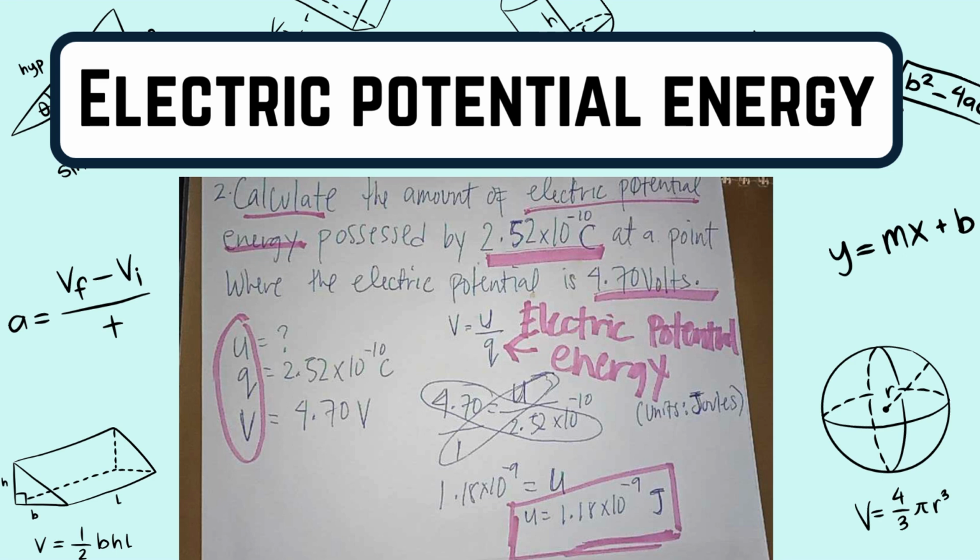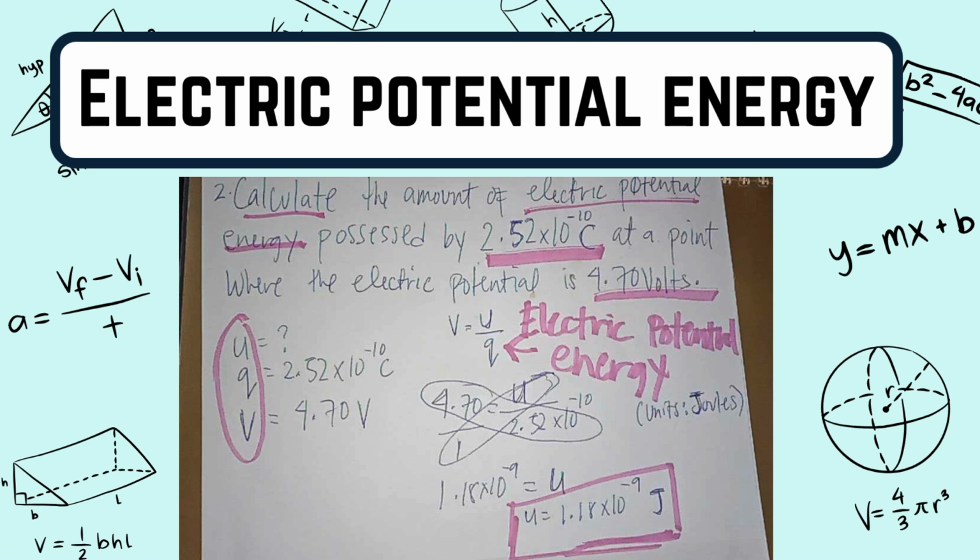So, the given of Q is 2.52 times 10 raised to negative 10 coulomb, and the V or the volts is 4.70 volts. Okay. So as you can see here, I also used cross multiplication because it is needed and it fits the electric potential energy formula.